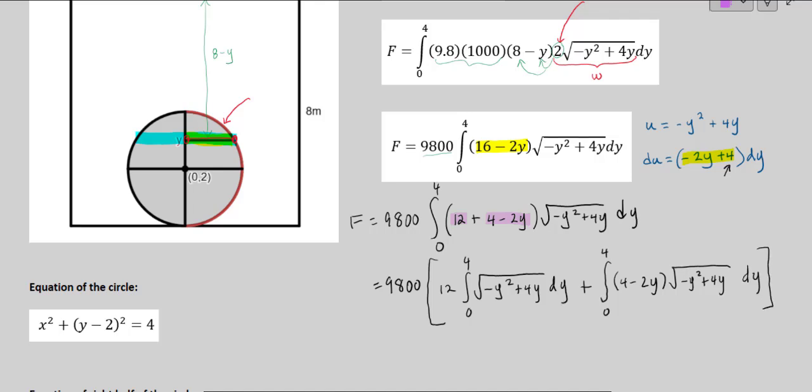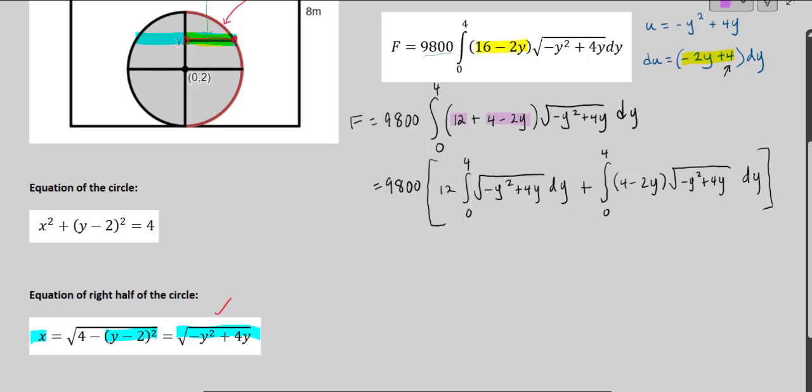So we distributed to each of those pink terms.